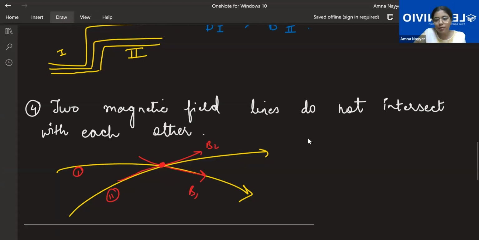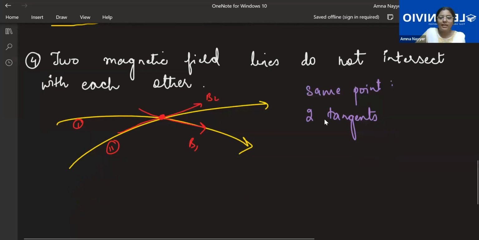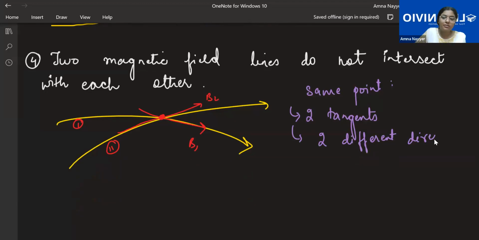This says that at the same point there are two tangents, and if there are two tangents, this means two different directions of magnetic field.